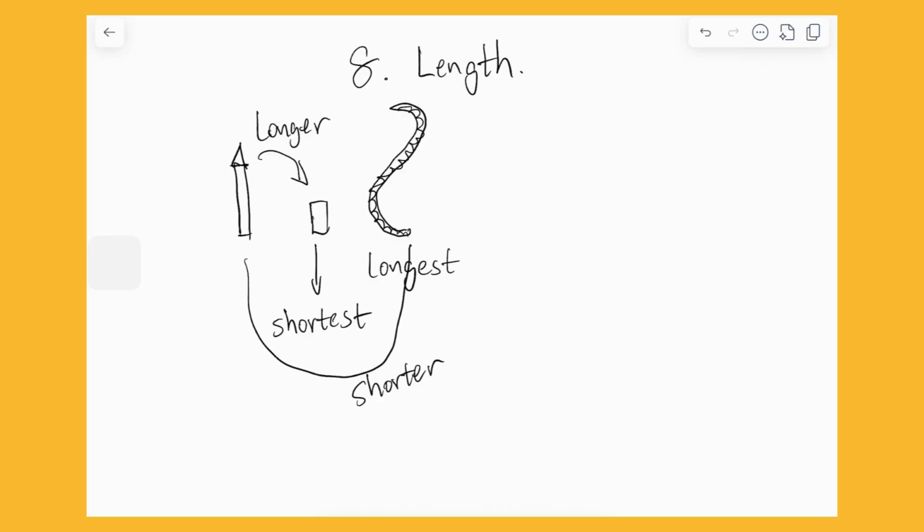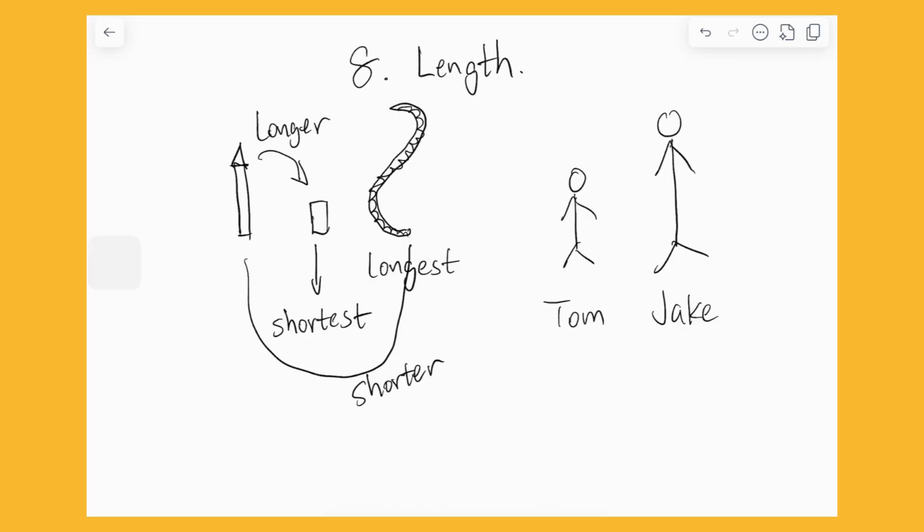Okay, so now we can also compare persons. We have Tom here. We have here Jake.